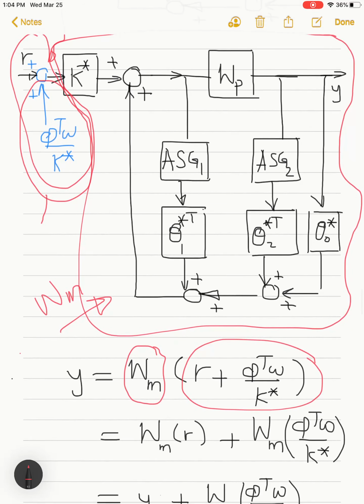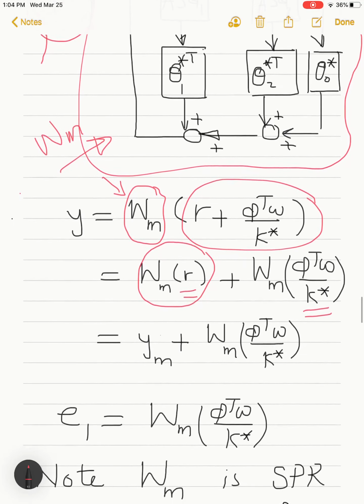And since Wm, the transfer function of the reference model, is a linear operator, then the output due to the two inputs would be the summation of the output due to each input individually. So I can write this as output due to r and another output due to phi transpose omega divided by k star, and this would be the total output.